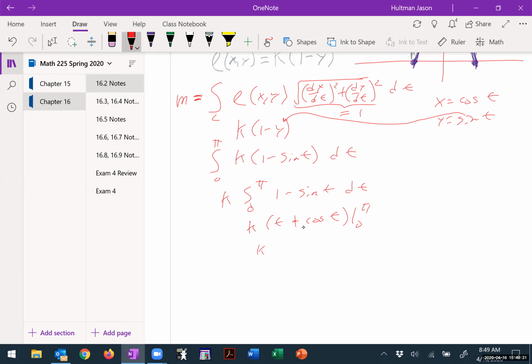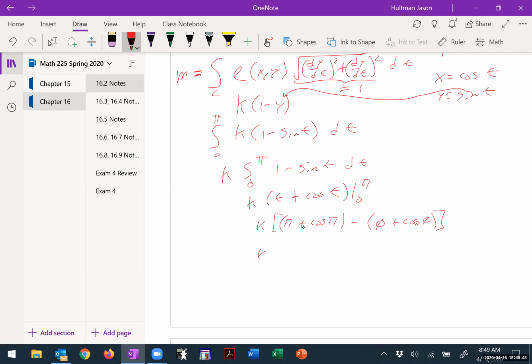Okay, so k times, plug in pi: pi plus cosine of pi minus 0 plus cosine of 0. And we get k of pi plus cosine of pi, which is negative 1, minus 0, that's just 0, plus cosine of 0, which is 1.